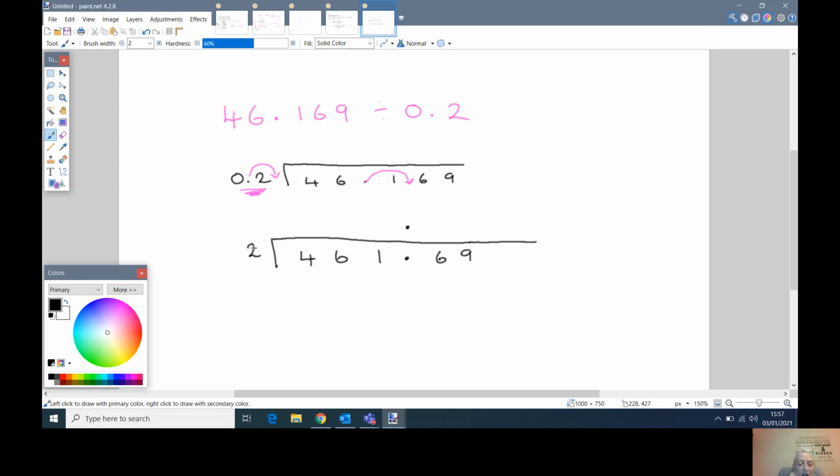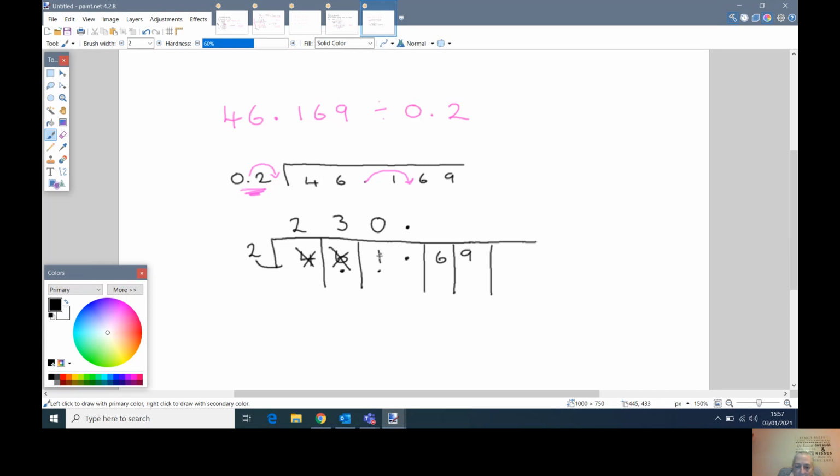Right, 2, oh, let's split them up. Right, 2 into 4 goes 2, nothing remaining. 2 into 6 goes 3, nothing remaining. 2 into 1, 2 people cannot fit on 1 chair, so that is 0.